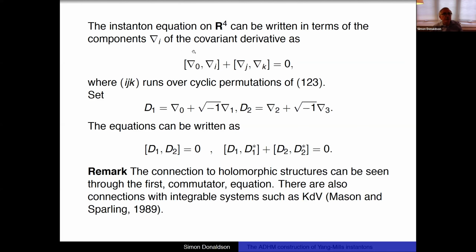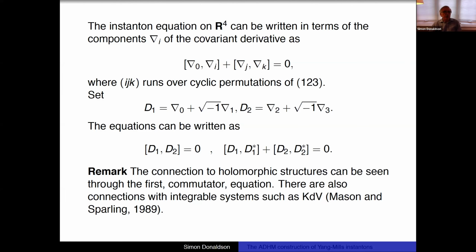So we've expressed the anti-self-duality condition in terms of commutators. A convenient way is to take coordinates on R4 going from 0 to 3, and take the following expression: the commutator of grad 0 with grad i, plus the commutator of grad j and grad k, where ijk run over the cyclic permutations of 1, 2, 3.